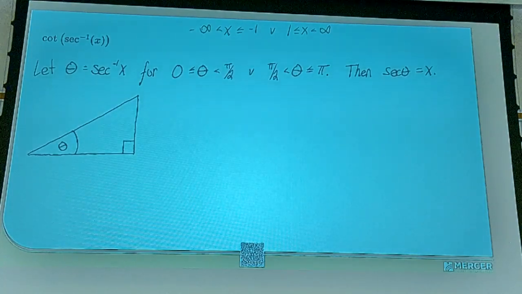How is secant defined? Hypotenuse over adjacent. X, 1, and what's the missing length?